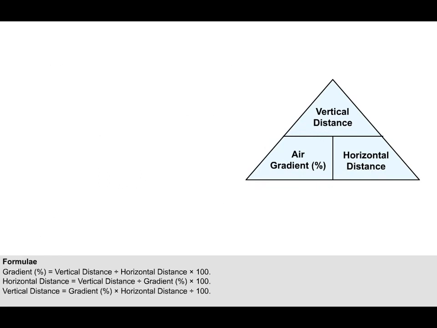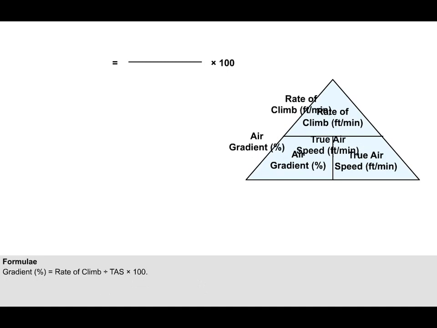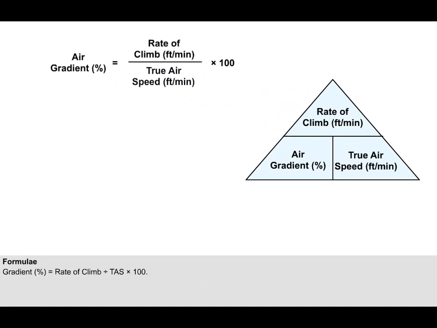The last formula is very similar to the previous one. Instead of vertical distance, we have vertical speed, which is the rate of climb. Instead of horizontal distance, we have horizontal speed, which is the true airspeed. If you were required to calculate the gradient, then it would be the rate of climb divided by the true airspeed.